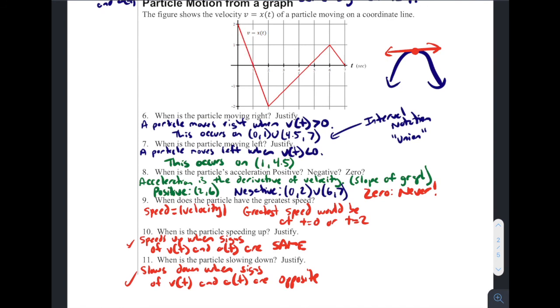I can just write that here. So this is a place from here to here where the velocity is positive, but the acceleration is negative. I know that the acceleration is negative because the slope is negative on this part.